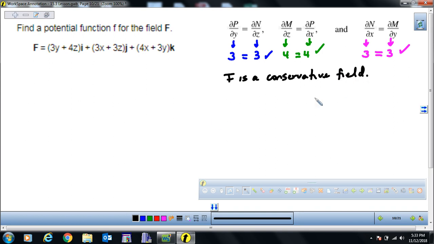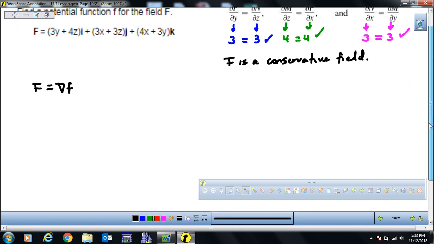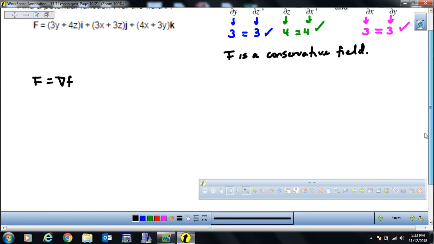And according to one of the definitions spoken, since F is a conservative field, that means that F is equal to the gradient of some potential function f. Okay, what does that mean? What does it mean by gradient?